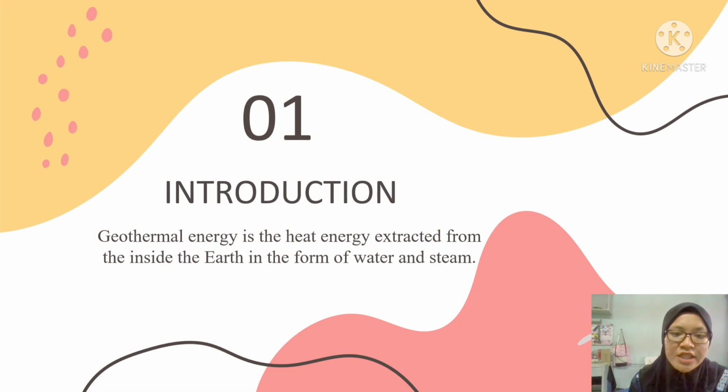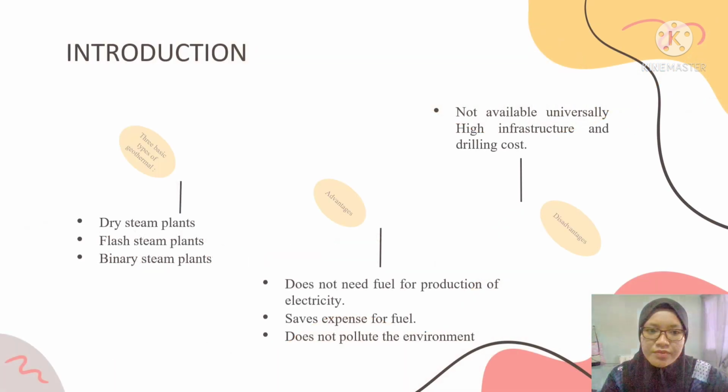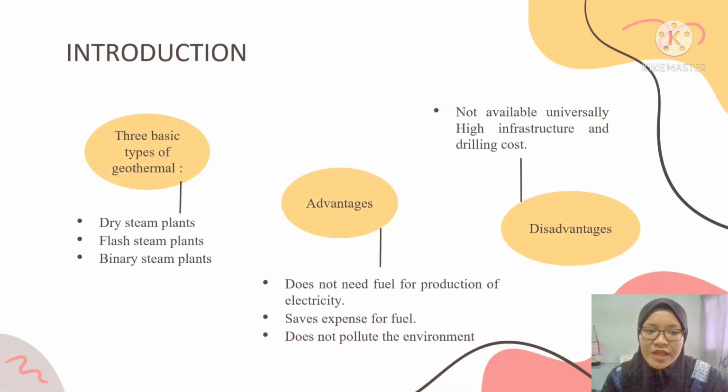Geothermal energy is the heat energy extracted from inside the earth in the form of water and steam. There are three basic types of geothermal: dry steam plant, flash steam plant, and binary steam plant.